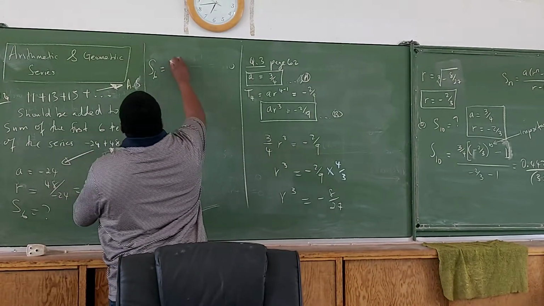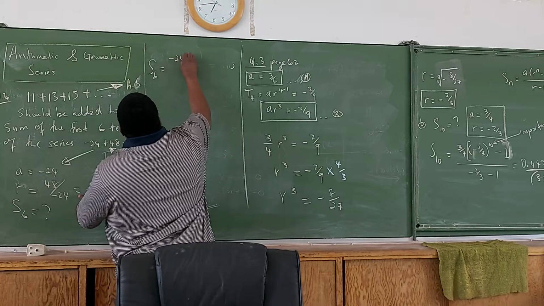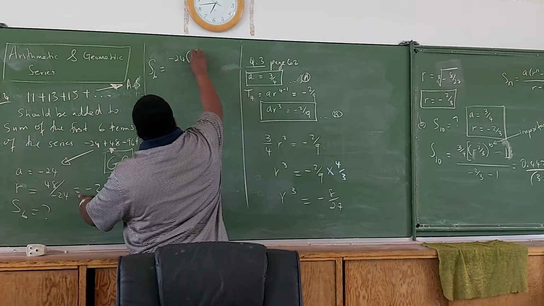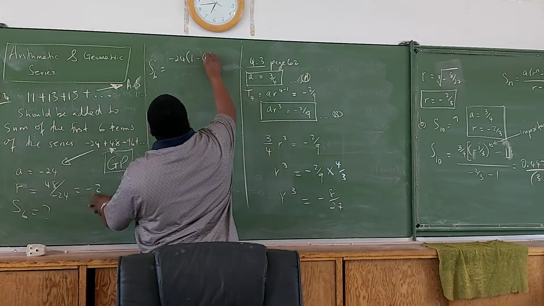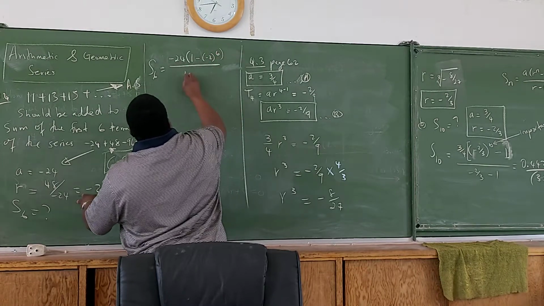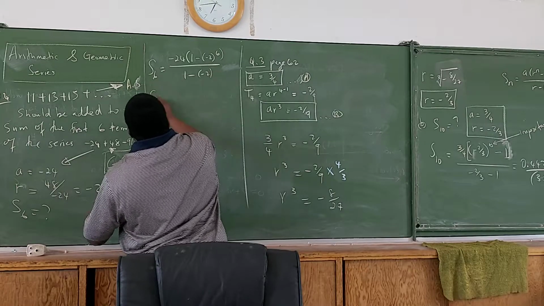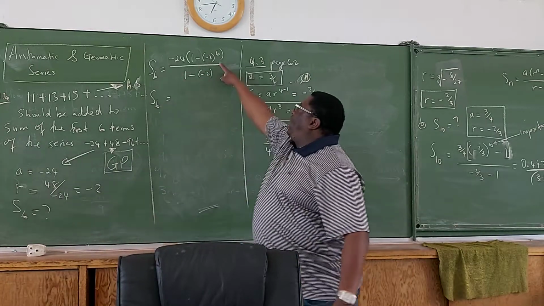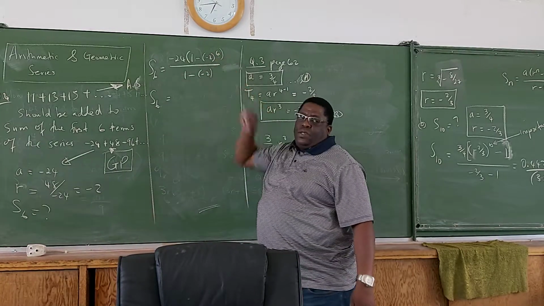Our A is minus 24, open bracket, then 1 minus negative 2 raised to the power of 6, all over 1 minus negative 2. You see what I did there? Please don't put the 6 inside.